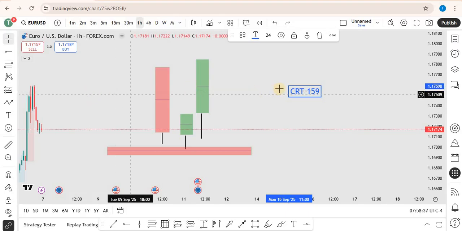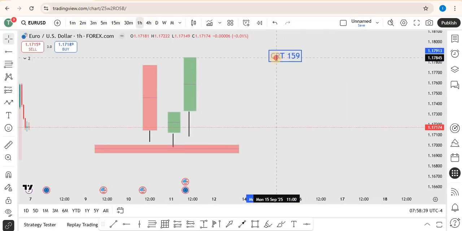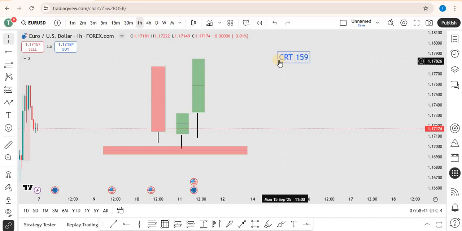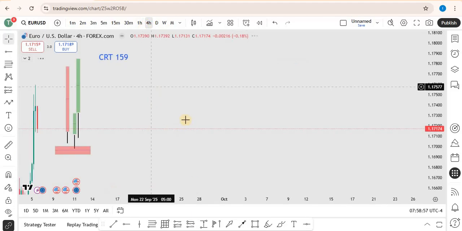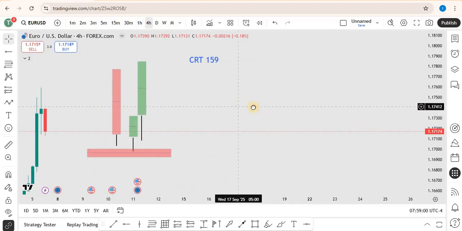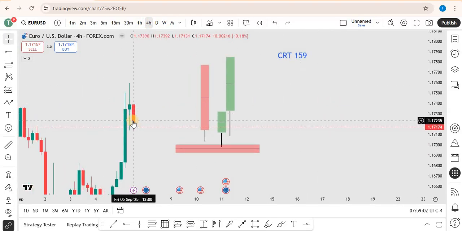So what is basically this is CRT 159. What does it mean? CRT is called candle range theory. Okay, and 159 represents the candle time on New York time, UTC -4. We will always be on the 4-hour time frame. Okay, and each candle then represents 4 hours.